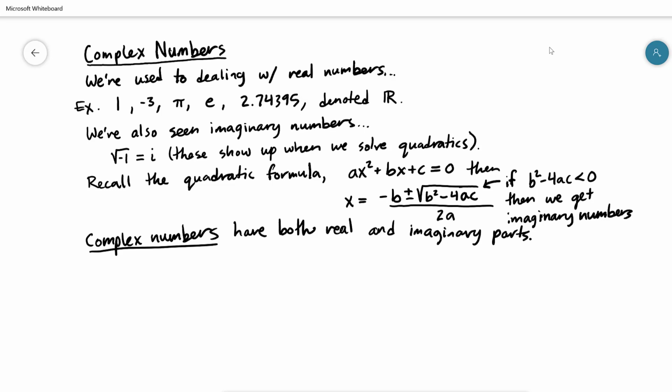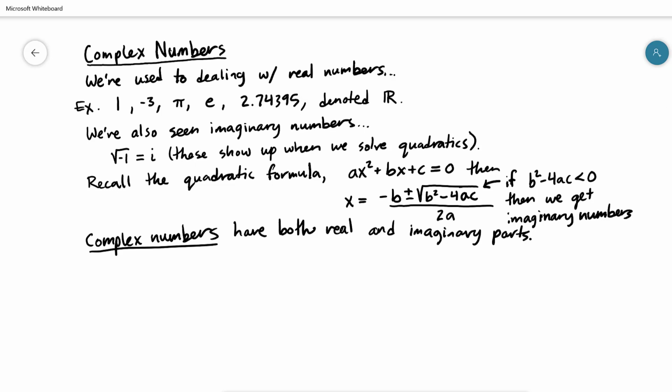So for example, on the quadratic formula, this -b over 2a part, that's a real number. If both a and b are real numbers, this will just be the ratio of those two pieces. And so that'll be a real number. But this part can potentially be an imaginary number, and we'll have this combination that has part real number, part imaginary number. That's what we call a complex number.